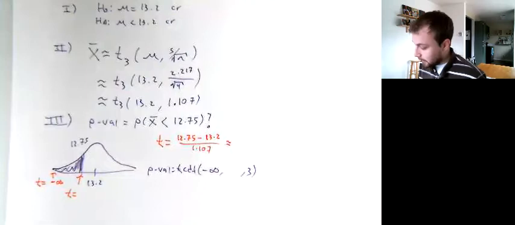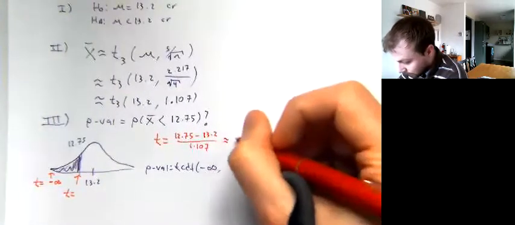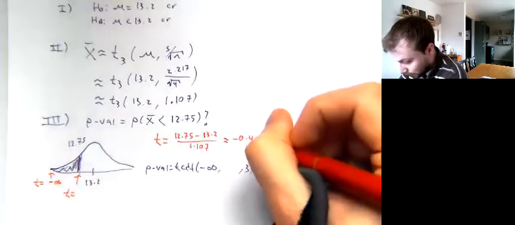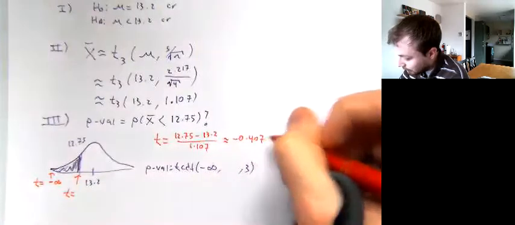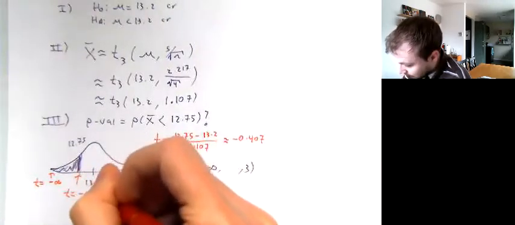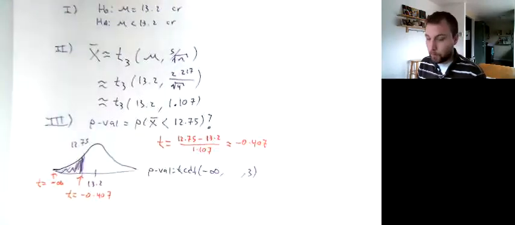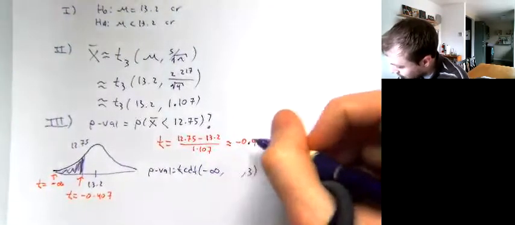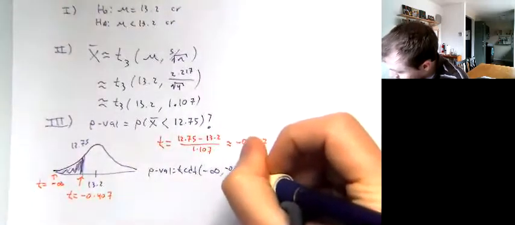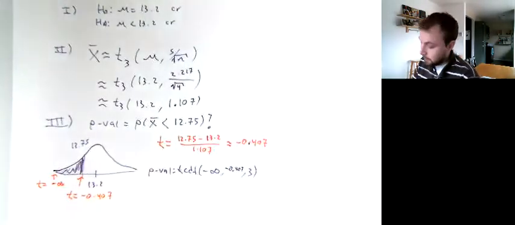When I did this, I got a t-score of negative 0.407 or so. You'll notice that I can get away with using more decimals. I don't have to round this to just 2 decimals anymore. Here I'm using 3. Negative 0.407 will be my high t-score there.